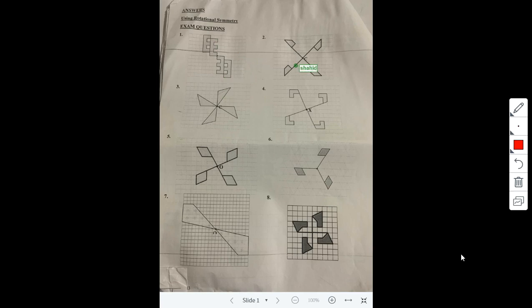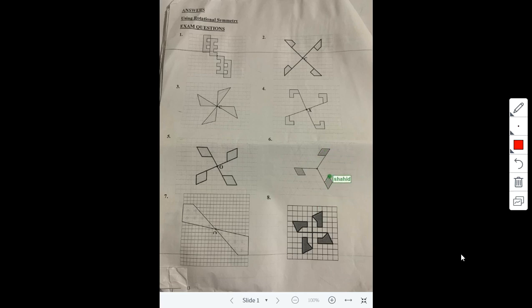Okay, I get that. So basically for these types of questions, you just use where you think it would be. I'm not worried about how it's going to turn, because I understand that.